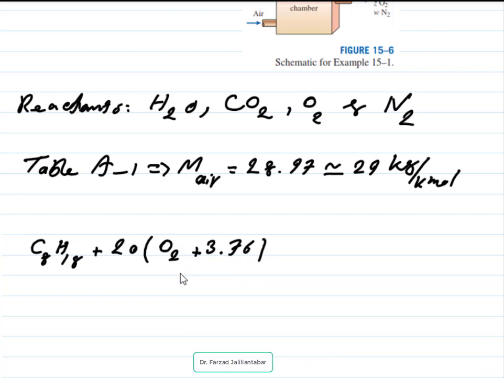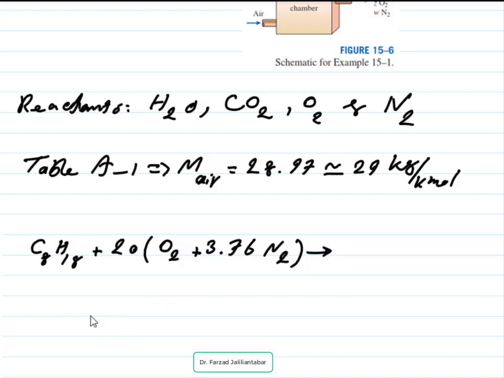This relationship I already introduced to you. In each mole of air we have 3.76 mole nitrogen and 1 mole oxygen, so we have 20 moles of air, and we should write it like this.